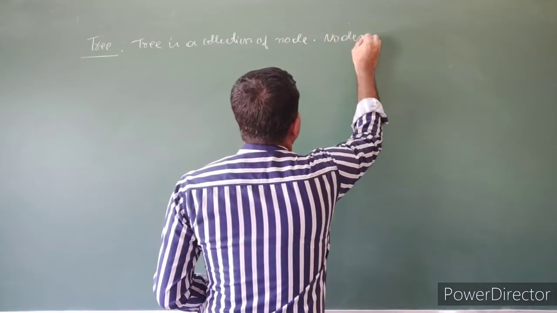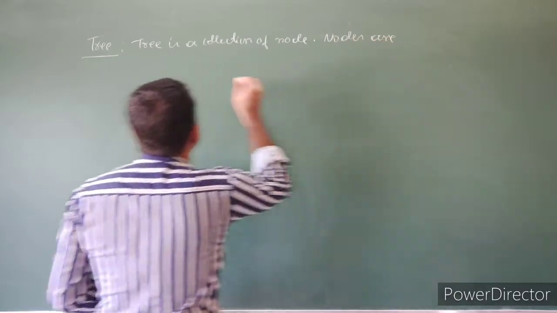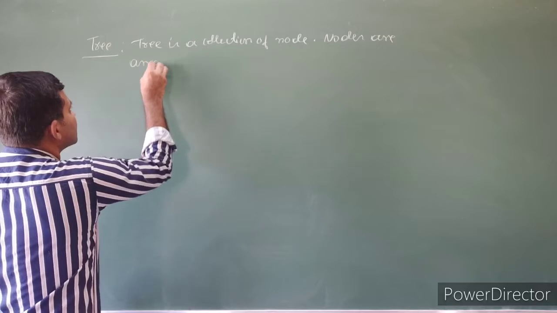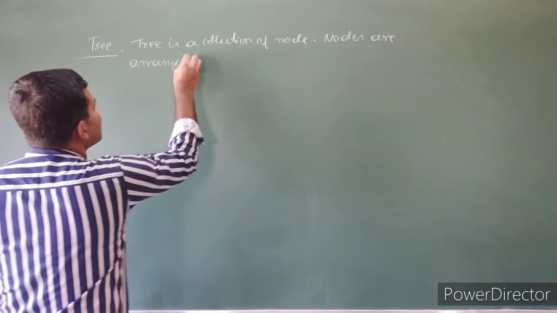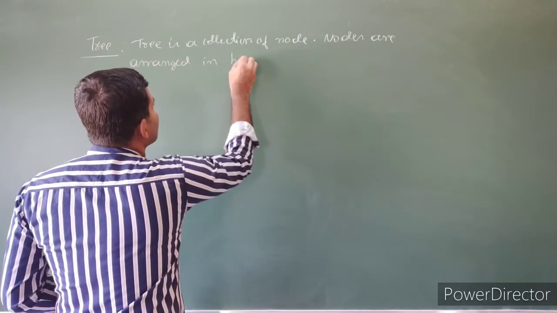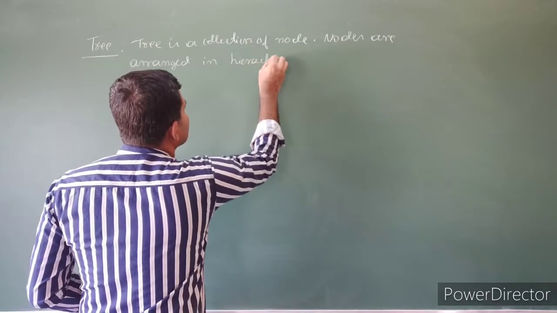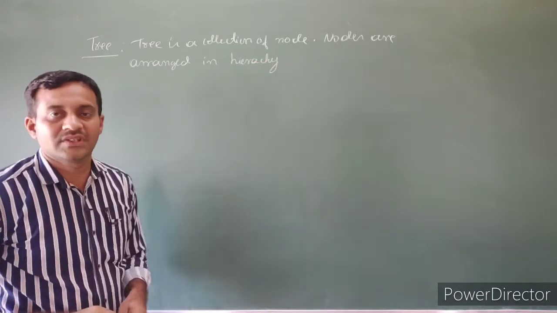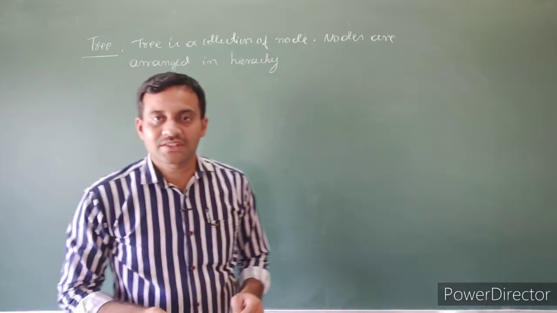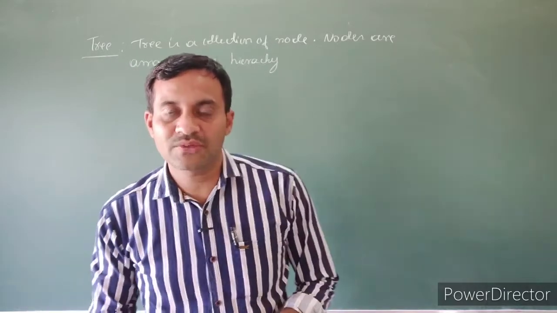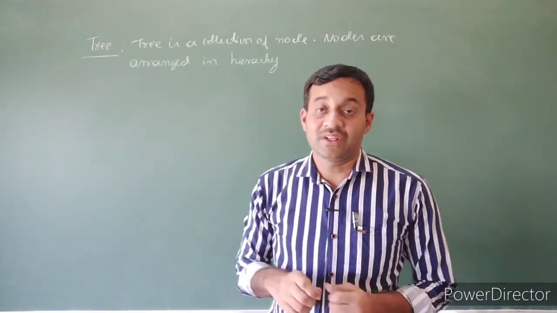Nodes are arranged in a hierarchy. Here, tree is a data structure of the non-linear type.